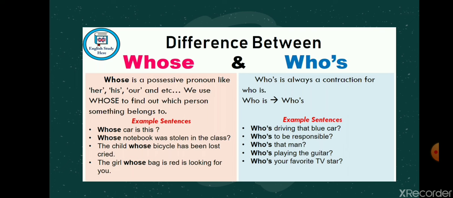Okay, let's keep going. With the difference between whose and who is. Whose is a possessive pronoun, okay? And who's is always going to be a contraction. Whose car is this? We're speaking about possession. Whose notebook was stolen in the class? Possession, ownership. Examples of who is: who is driving the blue car? Who is to be responsible, right?